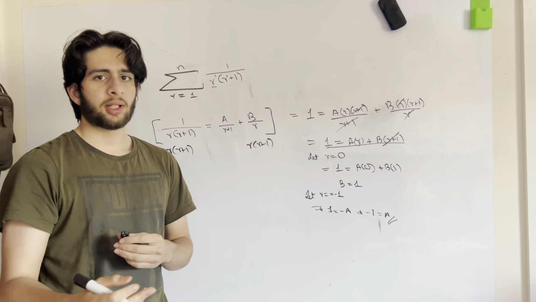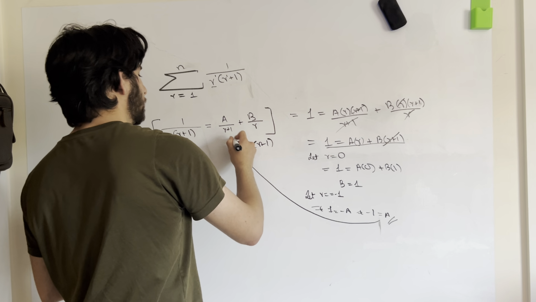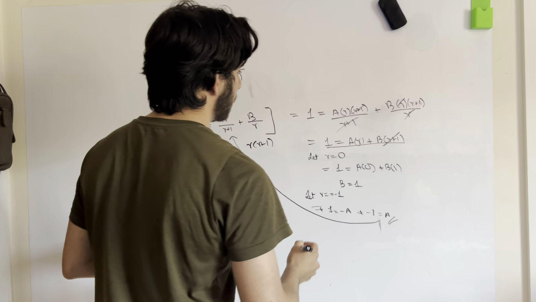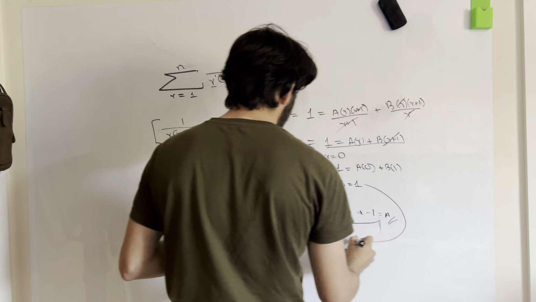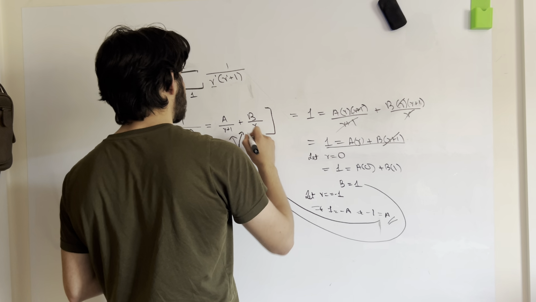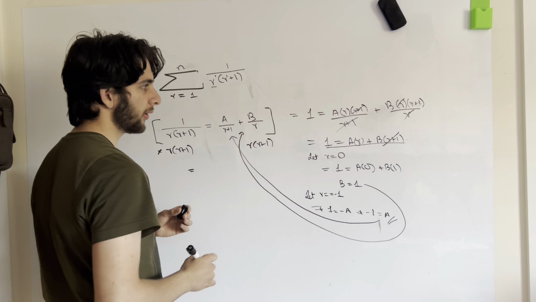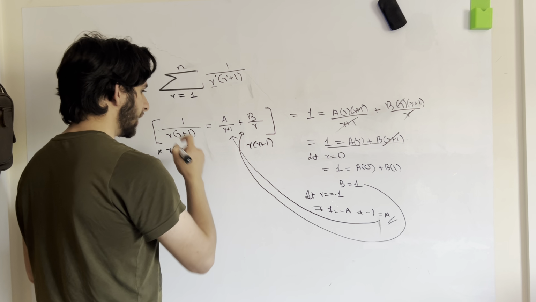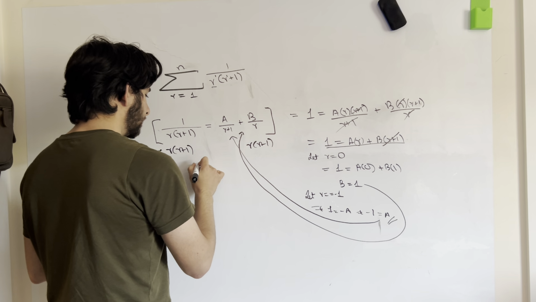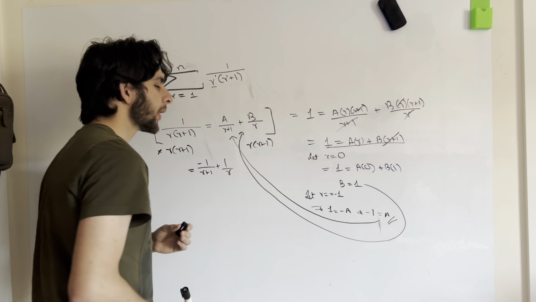What is left is to substitute in to the original expression that we started off with our a value and our b value. So what we end up with as the sum of our final fractions is minus 1 over r plus 1, plus 1 over r.